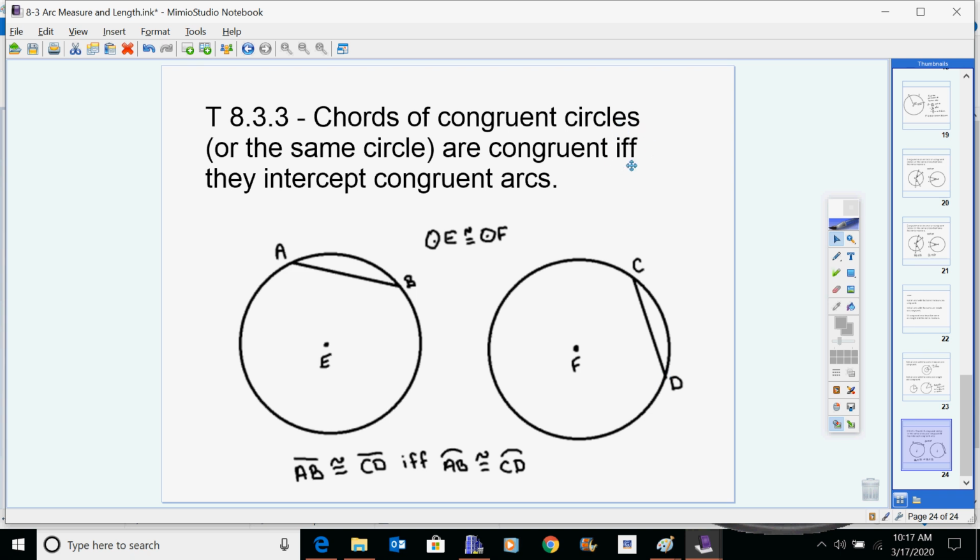Remember, the IFF means that it goes both ways. The only way the arcs are congruent is if the segments are congruent, and the only way the segments are congruent is if the arcs are congruent.